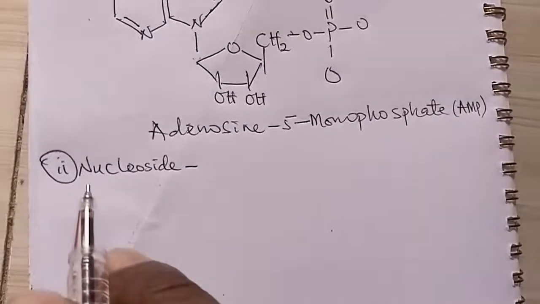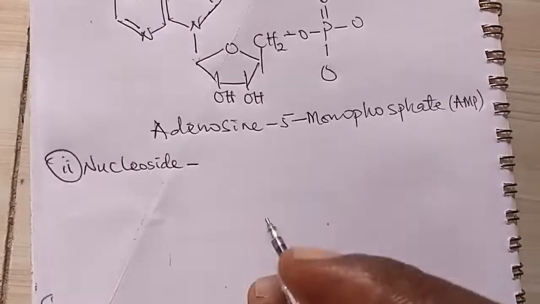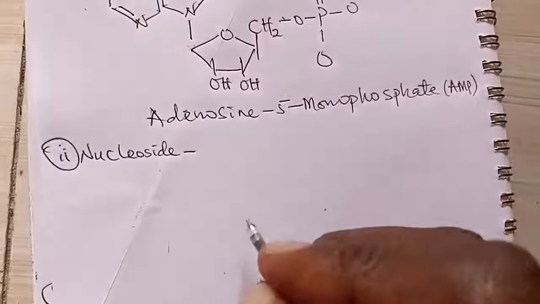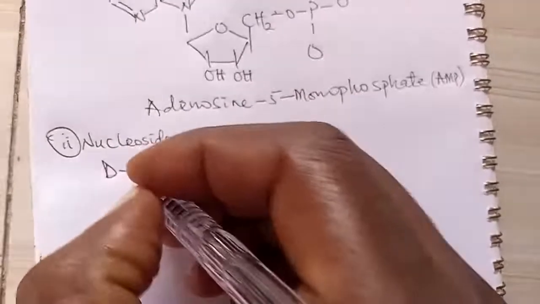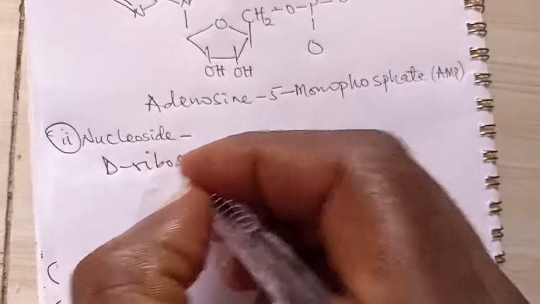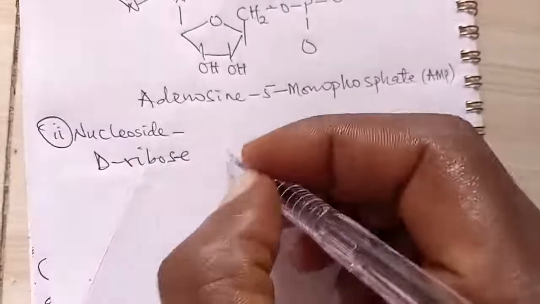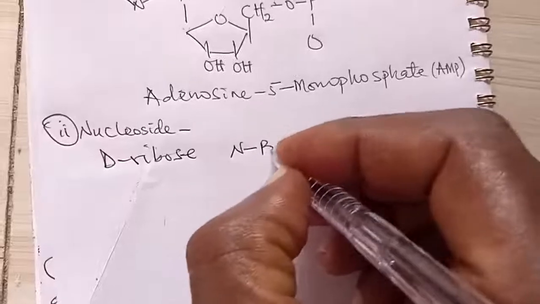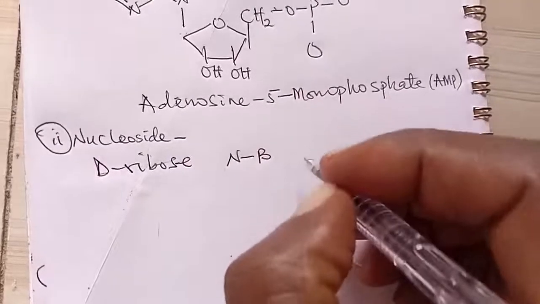The second one is nucleoside. It's a compound that has a purine or pyrimidine nucleobase covalently bonded to the D-ribose or 2-deoxyribose sugar through an N-beta-glycosidic linkage.